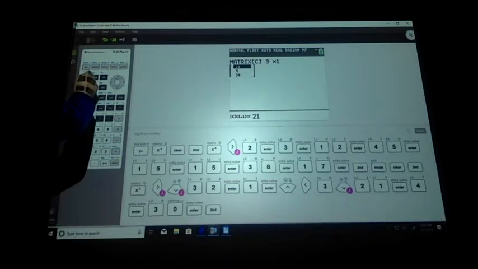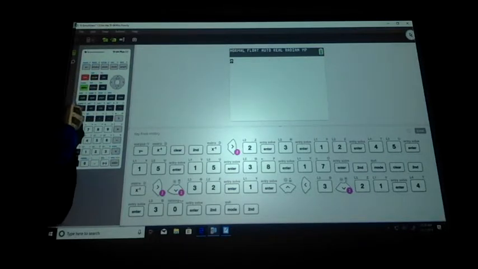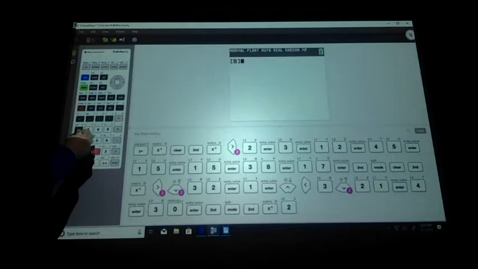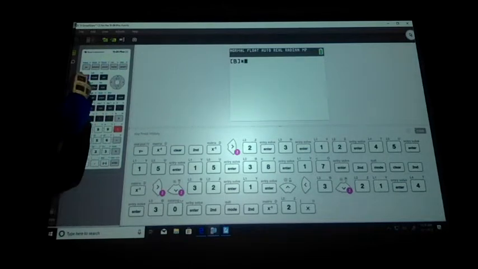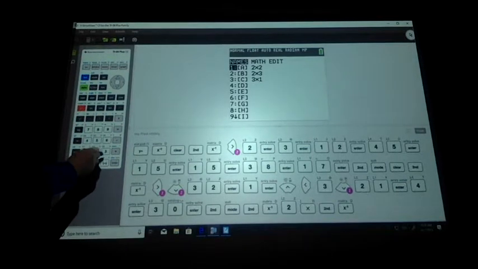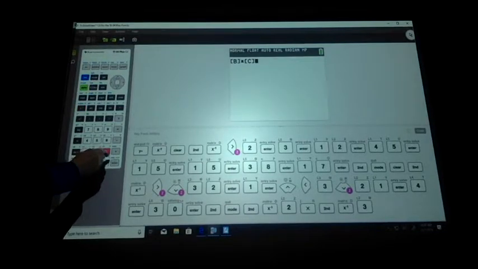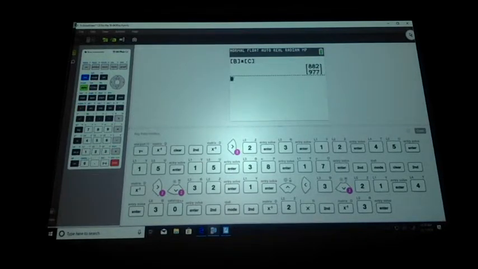Alright, so it's going to be second matrix 2 times second matrix 3. Enter. So it looks like the women will cost $882 with all of that stuff, and the men will cost $977 with their stuff. Question back to number 20.